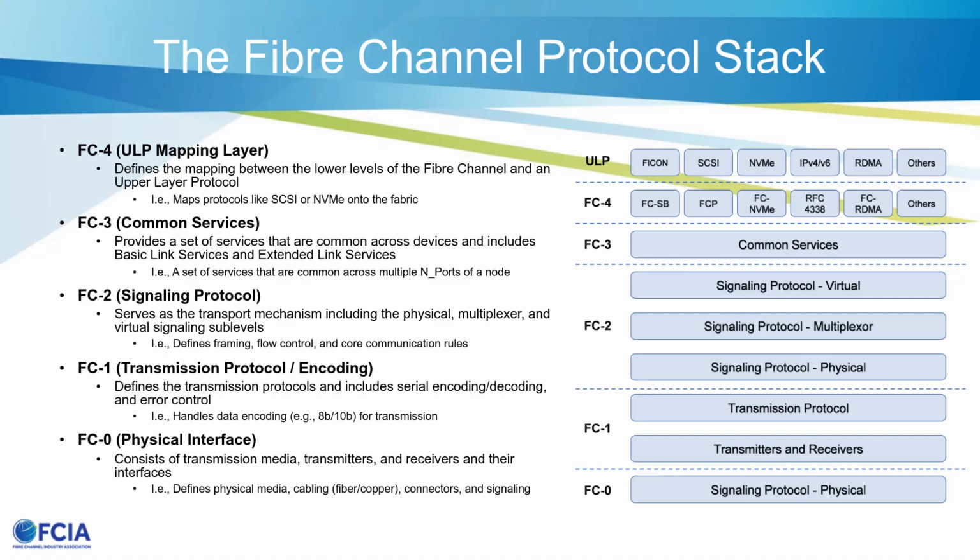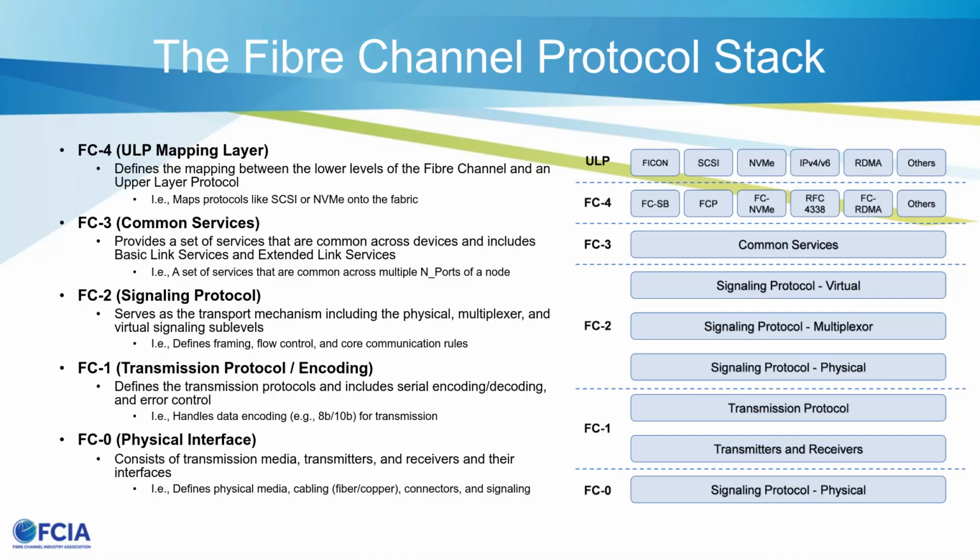Up to FC3, common services. There's lots of things included in here, like the name server, the management server, and the zoning server, all these things that allow the fabric to operate as one and provide the information that the individual devices need to find each other and communicate with each other automatically. And FC4 is the upper layer protocol mapping layer, which is what ULP means.